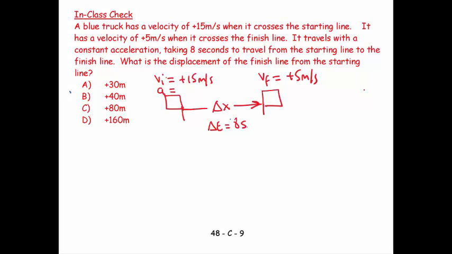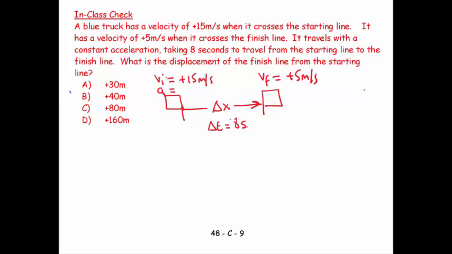Interesting. It has to be a constant acceleration, even though we don't use it. So we have a truck that starts at plus 15 meters per second. When it crosses the finishing line, it has a velocity of only plus 5 meters per second. We know it's a constant acceleration, so we can apply the kinematic equations. We have a time interval of 8 seconds, and I want to know the displacement.